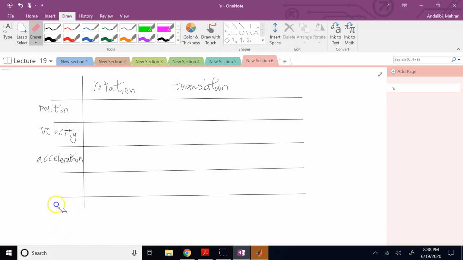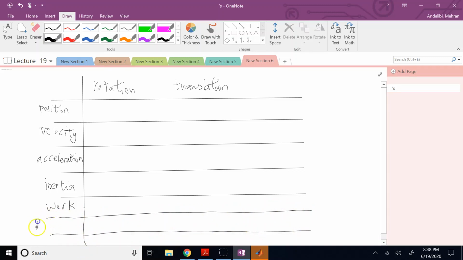So then let me add a little bit more, maybe 2 more lines.